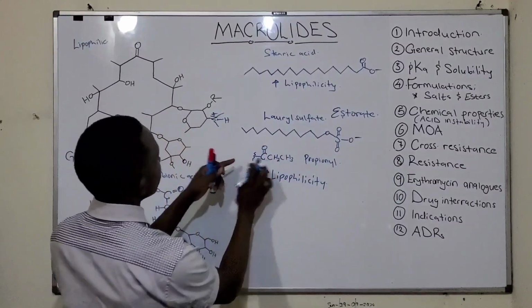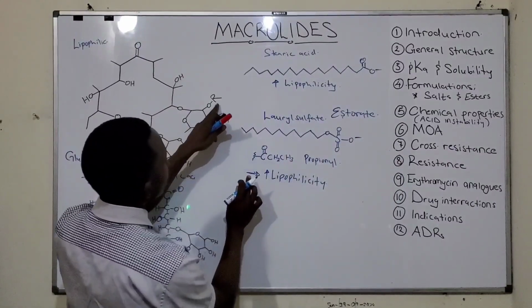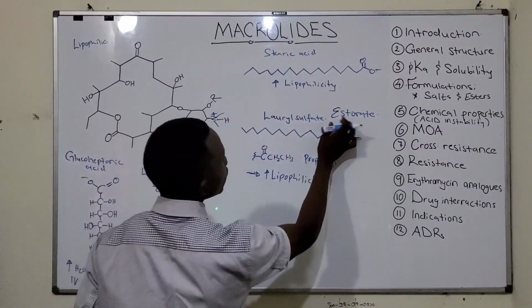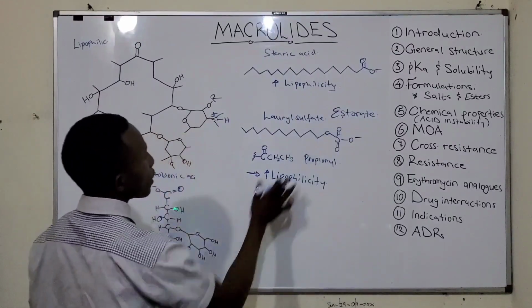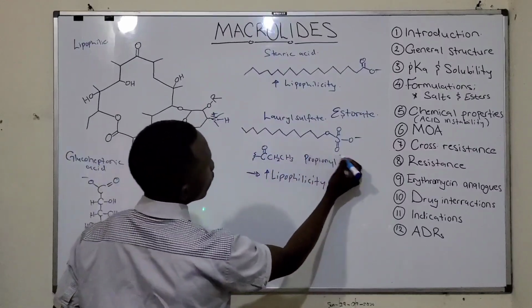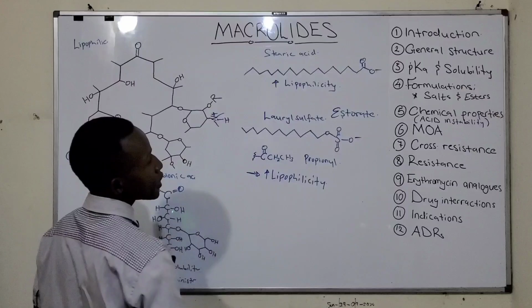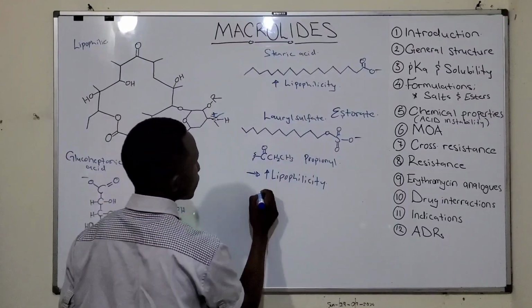You can see that forming the ester here increases the lipophilicity. And the addition of the stearate will form a salt, but though we have the sulfate group, this chain is more lipophilic. So this salt will be lipophilic.